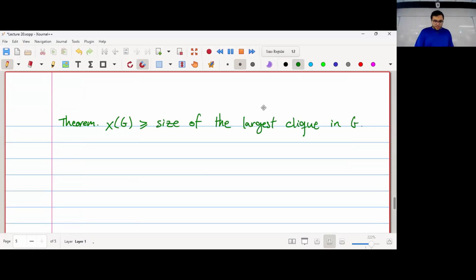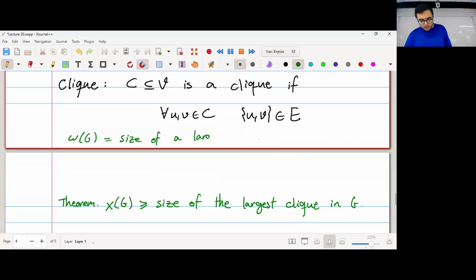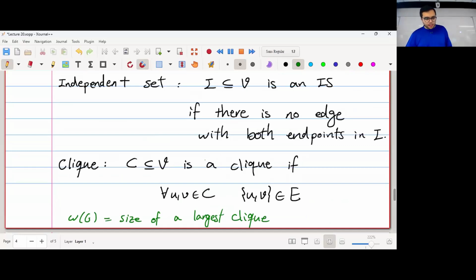Okay, actually, you know what? Let's give it a name. Let's say that I denote the size of the largest clique of G with omega of G. This is not W, this is omega. So this is the size of a largest clique. And let me do the same thing for independent sets.